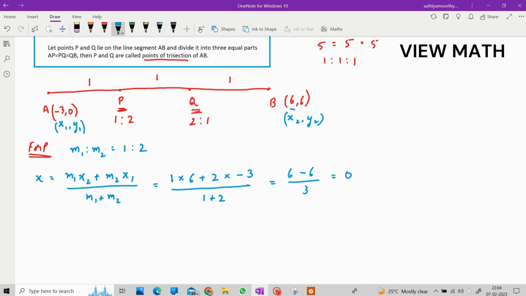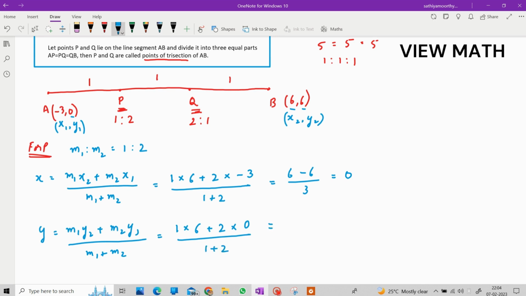Now let me find out y. Y is equal to (m1y2 plus m2y1) by (m1 plus m2). Now let me substitute it. m1 is 1 into y2, y2 is 6, plus m2 is 2 into y1 is 0, divided by m1 plus m2, that is 1 plus 2.